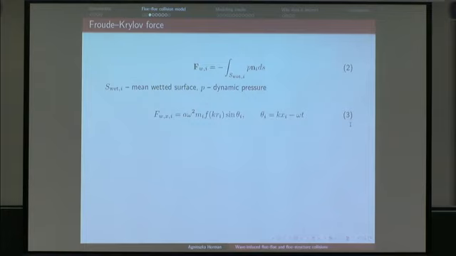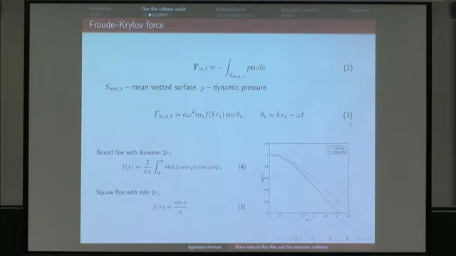And the force is almost identical to that used in simple models. But we have this correction factor here, which is a function of kR. k is the wave number, R is the size of the floe. We may have floes of different shapes, and the form of this function is different. So here are 2 examples for circular ice floes and for square ice floes.